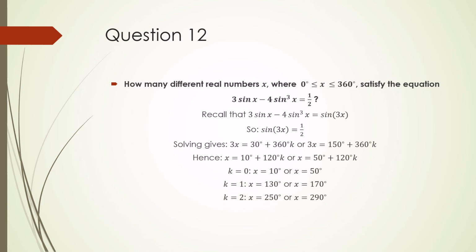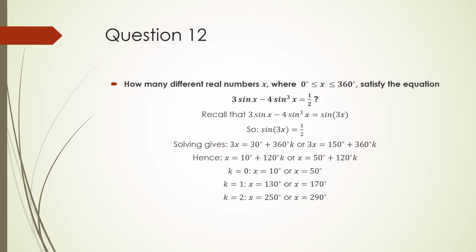And solving 3x, we will get 3x equals 30 degrees plus 360 degrees k, or 3x equals 150 degrees plus 360 degrees k. And hence, dividing everything by 3 on both sides, we can see that x equals 10 degrees plus 120 degrees k, or x is equal to 50 degrees plus 120 degrees k.